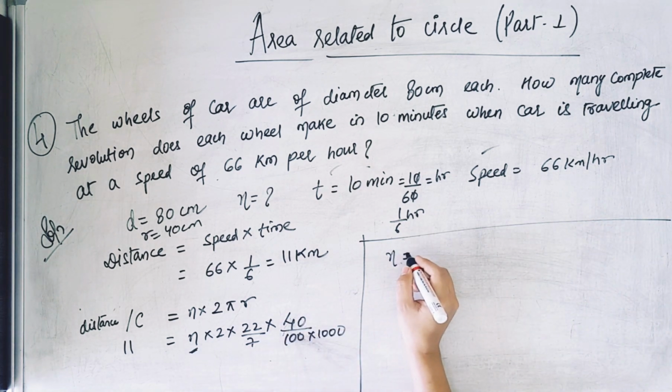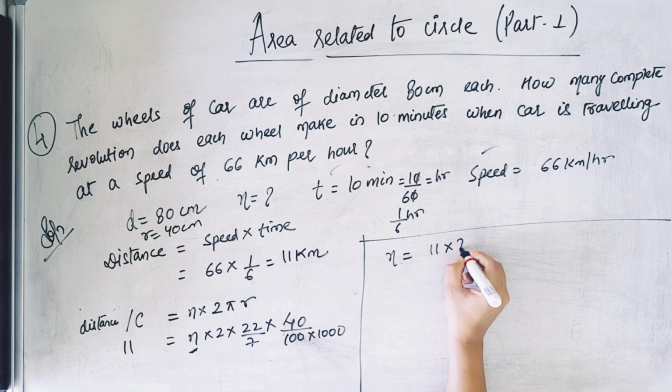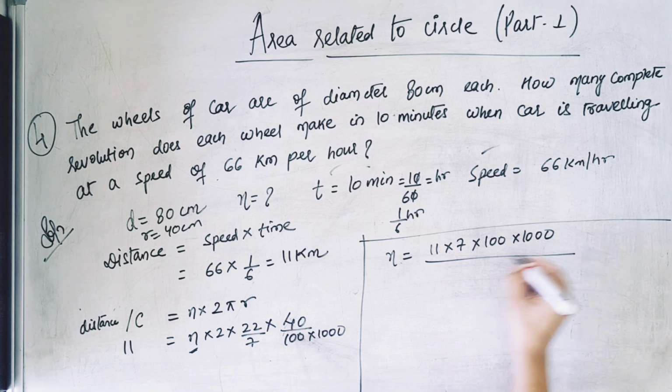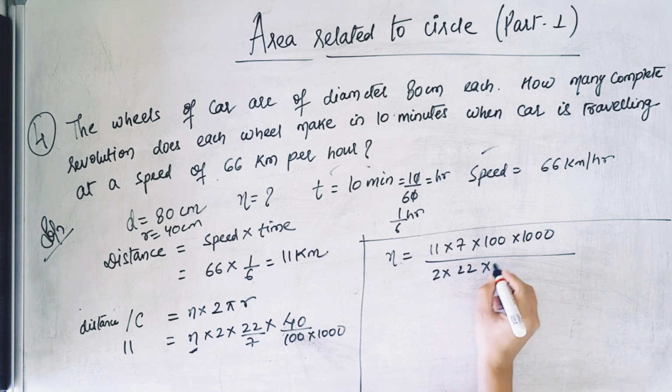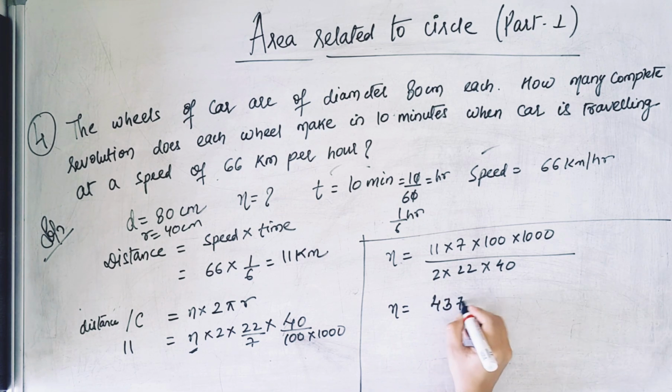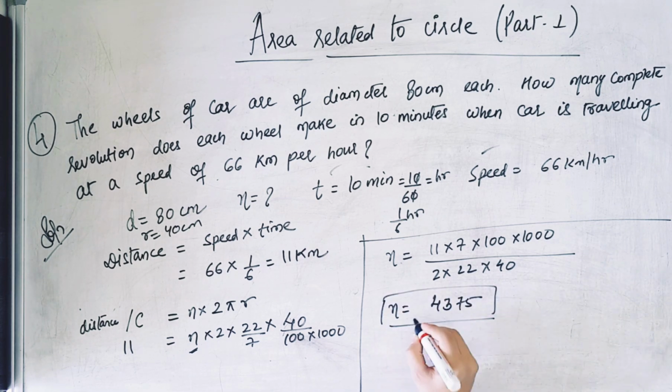Number of revolutions will be equal to 11 into 7 into 100 into 1000 by 2 into 22 into 40. When we solve all these things, we'll get 4375. Thus, the number of revolutions which the wheel will make in 10 minutes when traveling at a speed of 66 km per hour will be 4375. So this is how we have completed the first concept, that is area and perimeter of a circle.